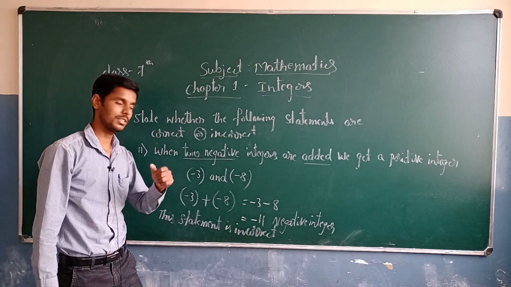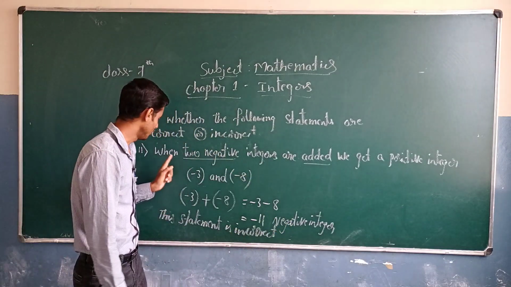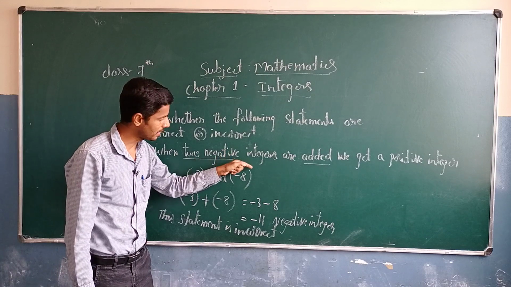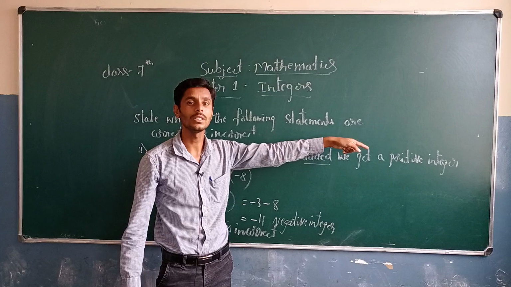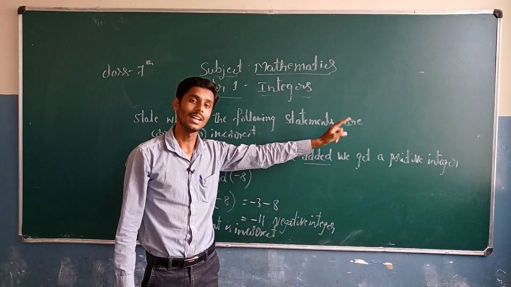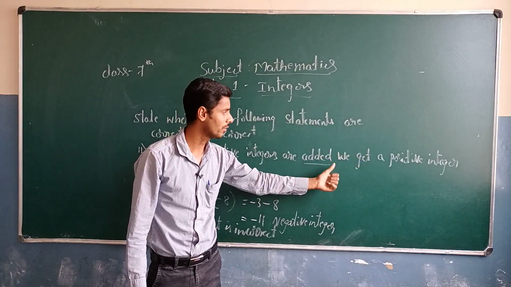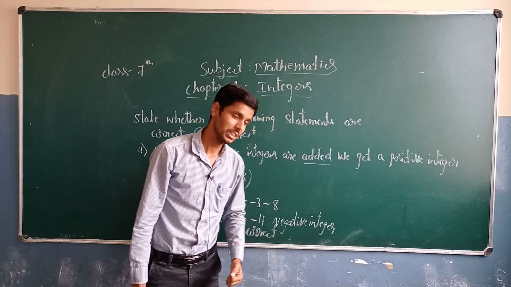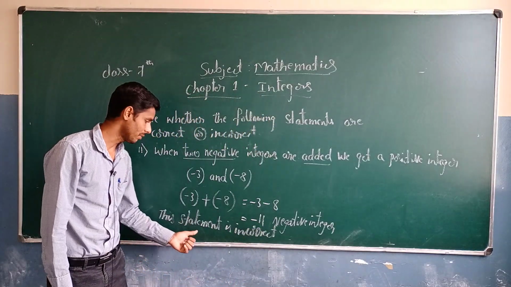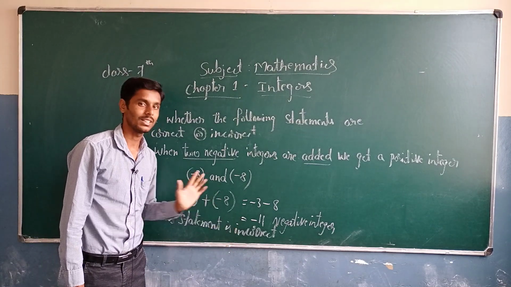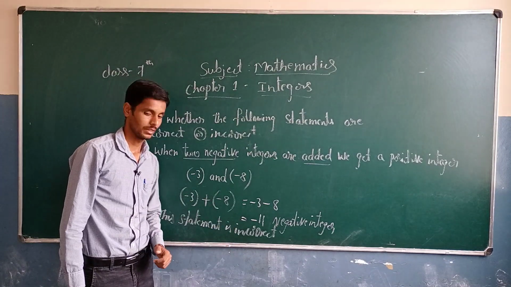So, what should be the correct statement of this? When two negative integers are added, we get a negative integer. That is the correct statement. But here we have given positive integer. Therefore, this statement is incorrect.